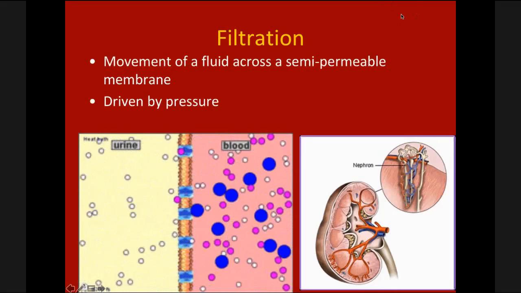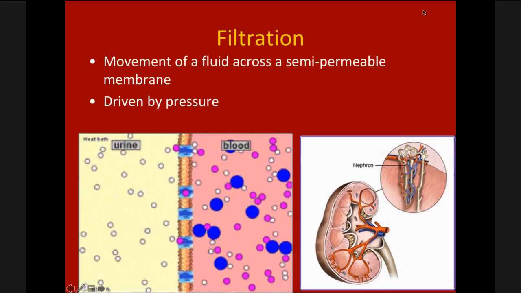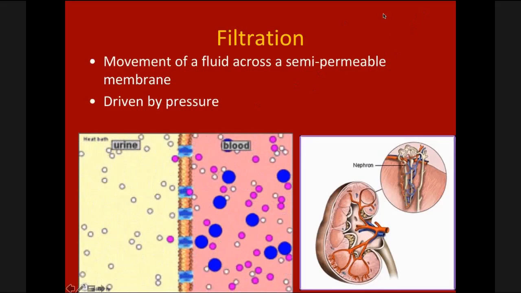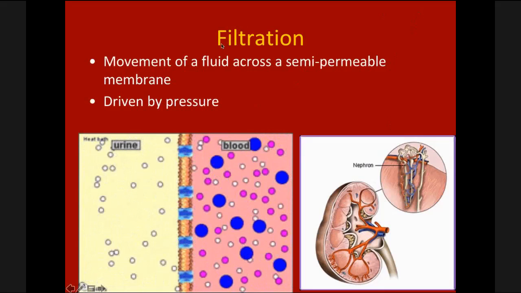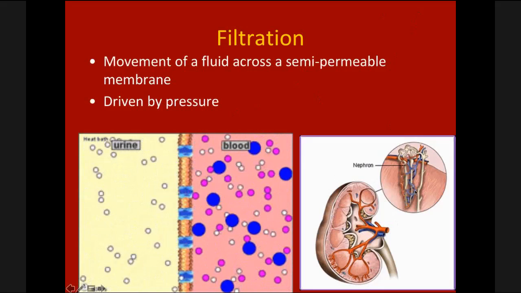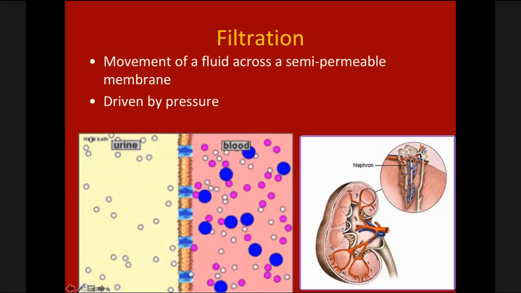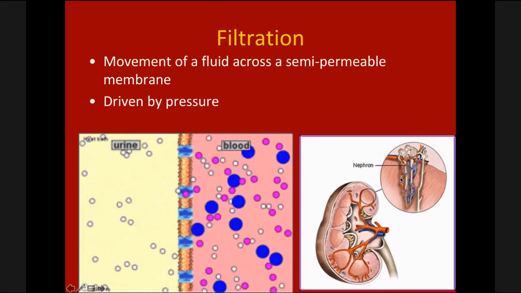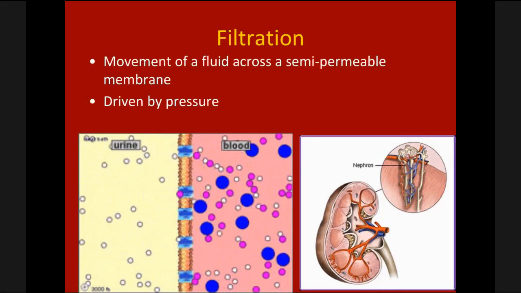So filtration is a way of moving molecules in your body. Generally, for filtration, you're moving molecules across a semi-permeable membrane. The example I'm going to talk about is how you use filtration in your kidneys. In your kidneys, you've got these small specialized capillary beds whose walls are built like a set of colanders, three sizes of sieves.